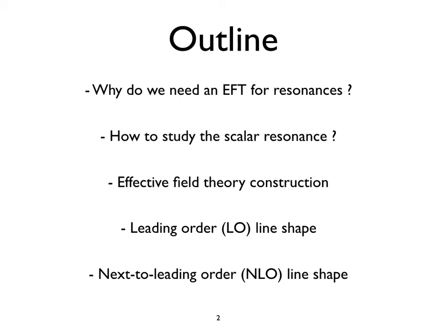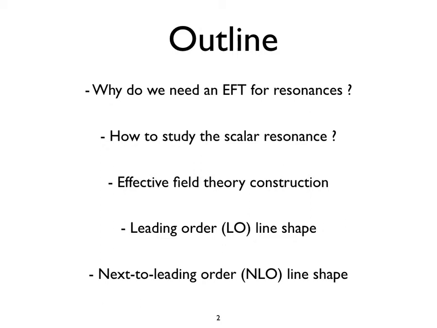First, I would like to remind the examples of resonances in particle physics and describe the possible complications in their theoretical description. Then I'm going to outline the algorithm to study the resonant scattering of two particles.